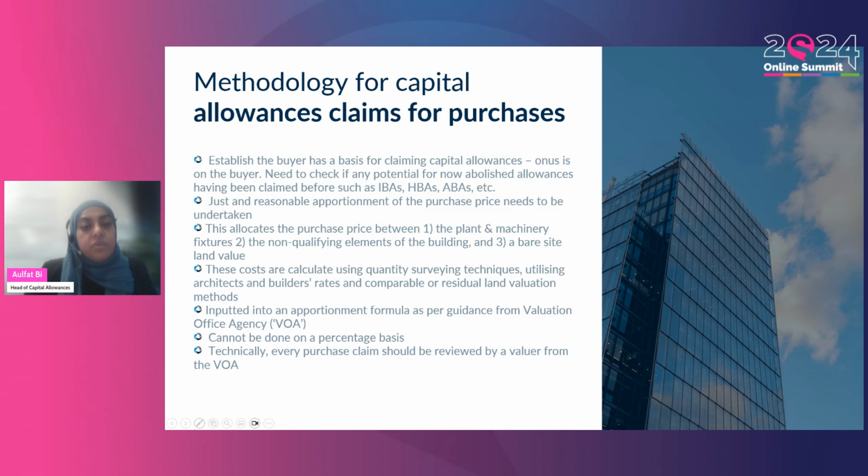We utilize quantity surveying techniques, architects and builders rates, and we do comparable or residual land valuation calculations. This is inputted in a formula as per the guidance for the Valuation Office Agency, and then that will calculate what the capital allowances are. And we produce a report, a fairly chunky report that documents all of this. As I said, you can't do it on a percentage basis, and it's something that needs to be done in order to claim the capital allowances.